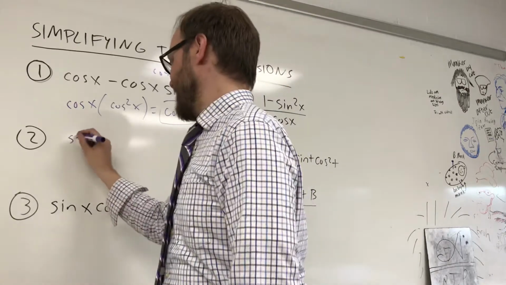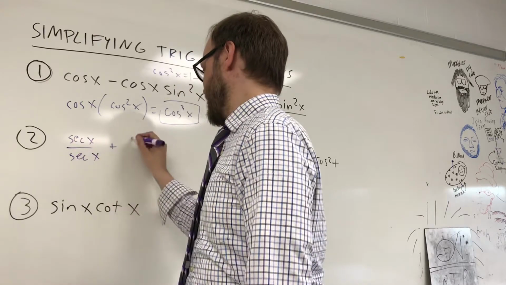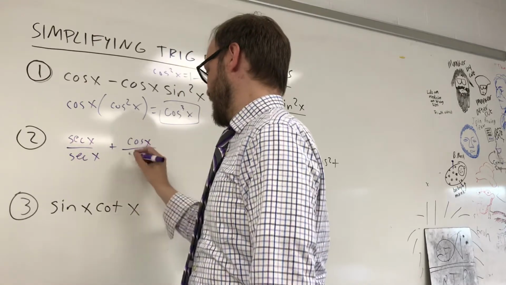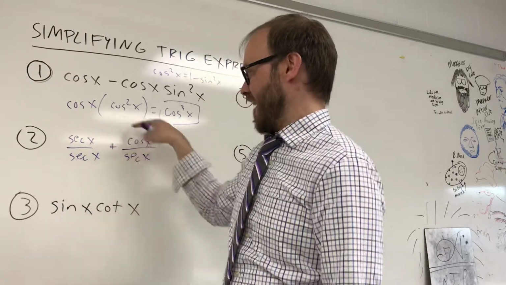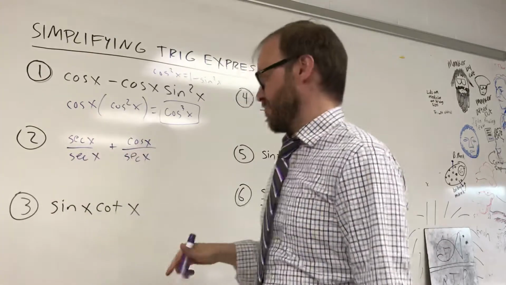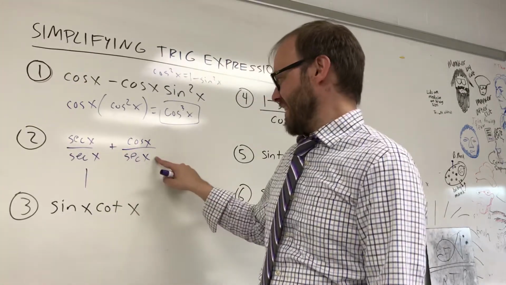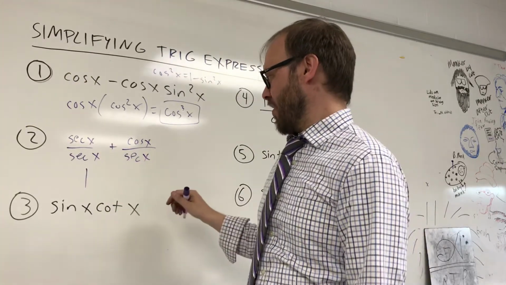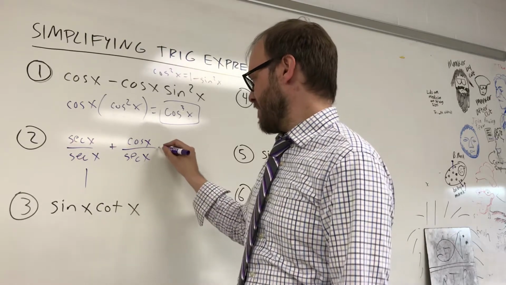So that's secant of x over secant of x plus cosine of x over secant of x. So common denominator, we add our numerators, same statement, just written in a different form. That's 1. Secant is the same thing as 1 over cosine. So I'm going to break this up a little bit differently.